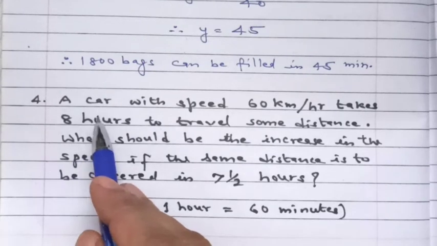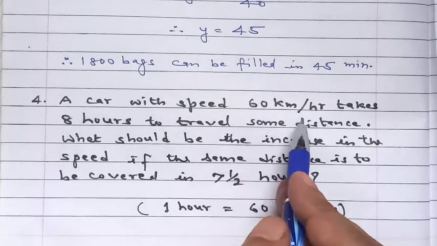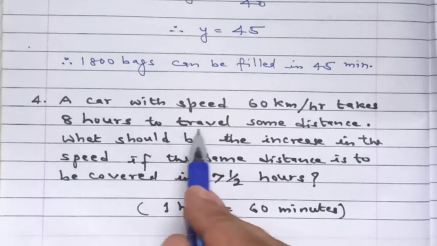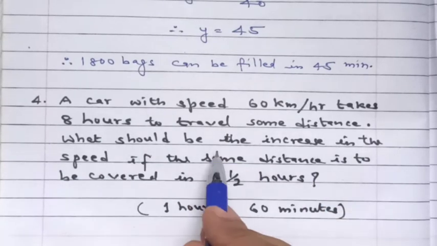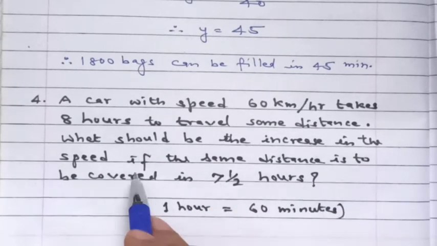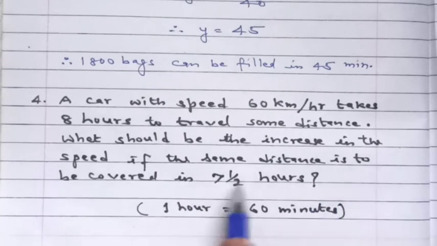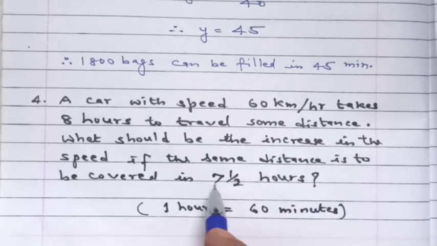Fourth question. A car with a speed of 60 km per hour takes 8 hours to travel some distance. What should be the increase in the speed if the same distance is to be covered in 7.5 hours? Please remember, you have to use the fact that 1 hour is equal to 60 minutes.